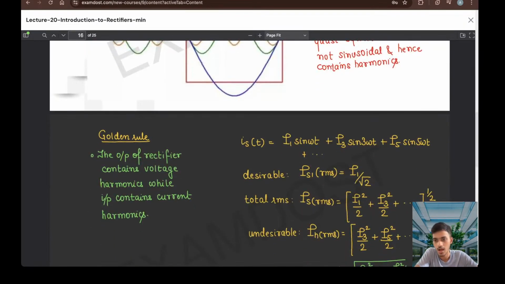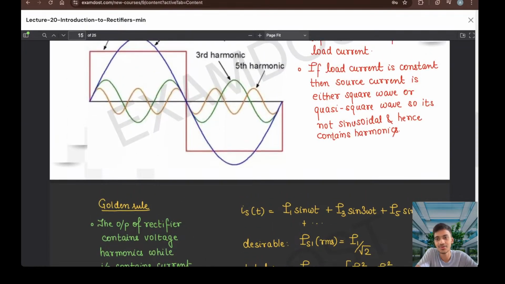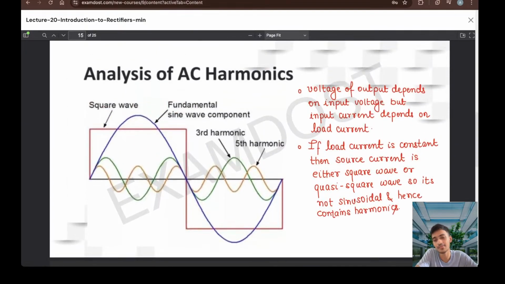The output of the rectifier contains voltage harmonics, while the input contains current harmonics.